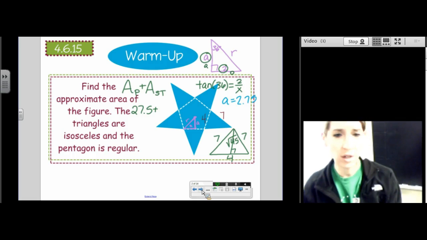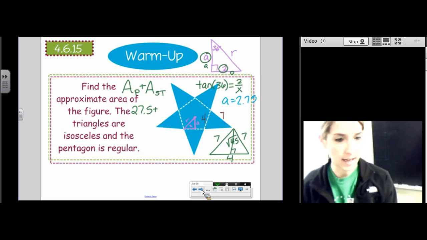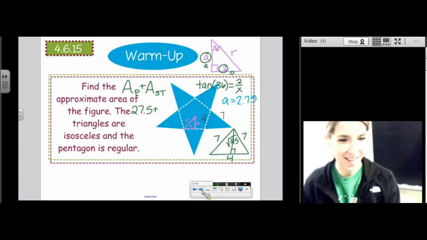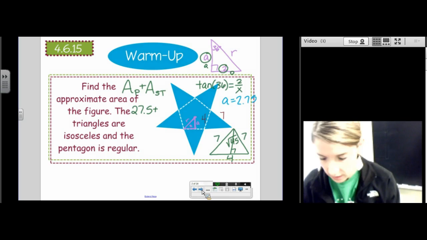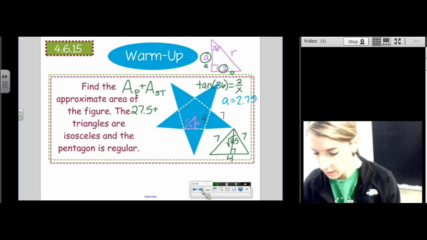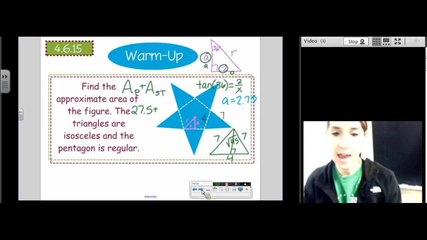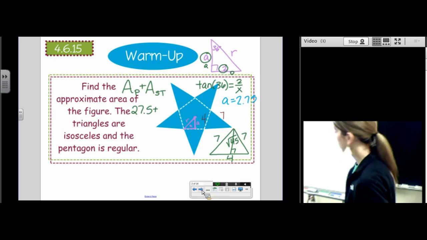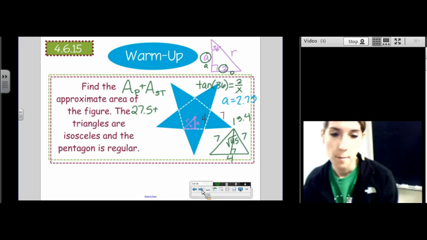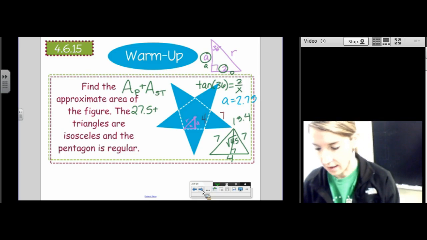No need to reduce this because we're going to end up turning it into a decimal anyways. Yes, it is always okay to keep all the decimals, yeah. Okay, ready? Base is 4 times the height, square root of 45, divided by 2. So I'm getting that the area of one triangle is 13.4. But there's 5 of them, so I'm going to do times 5.